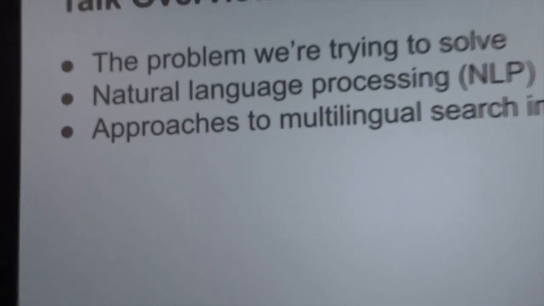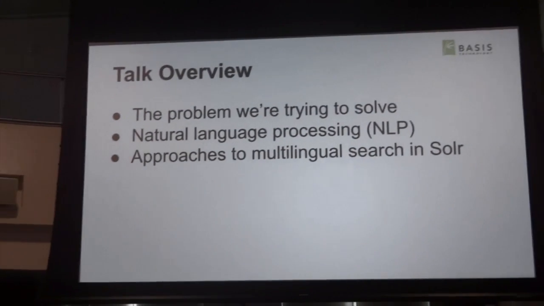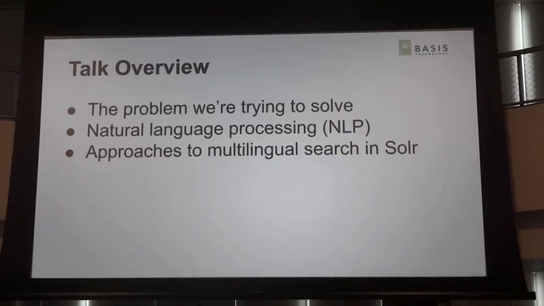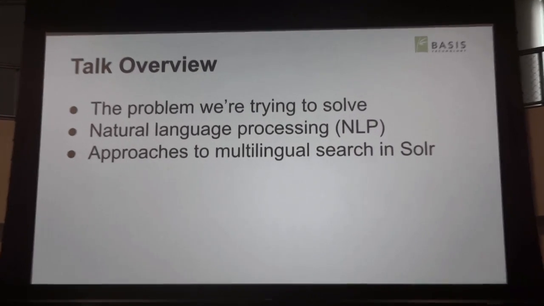All right, so overview of the talk. The first thing I'll do is really just define the problem that we're trying to solve. For some of you, you may see the title and not have any idea what I mean by multilingual search. You may not even know what Solr means. So we'll define those things.